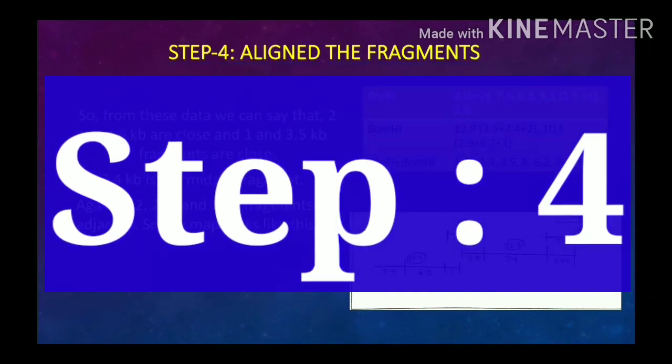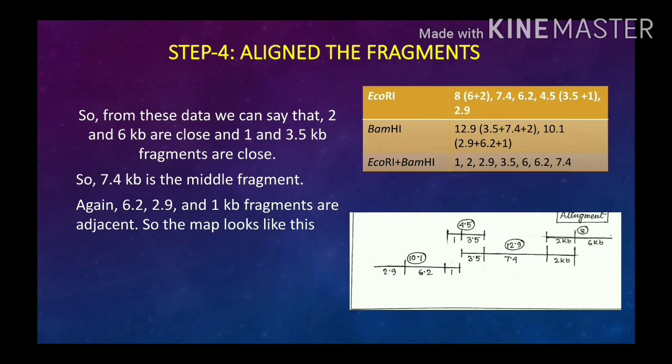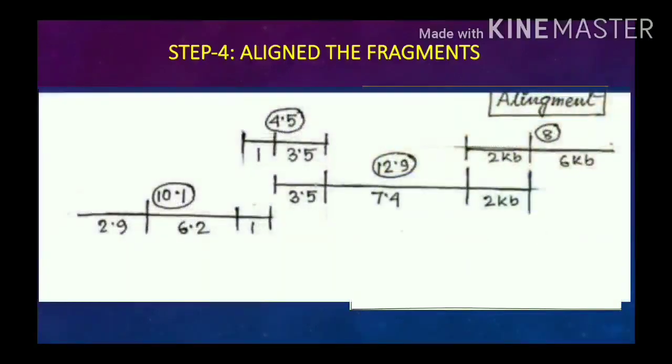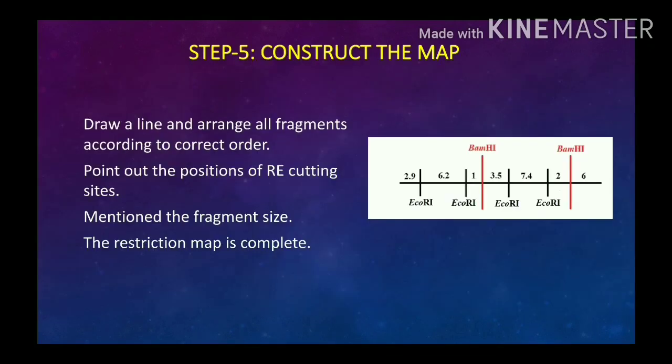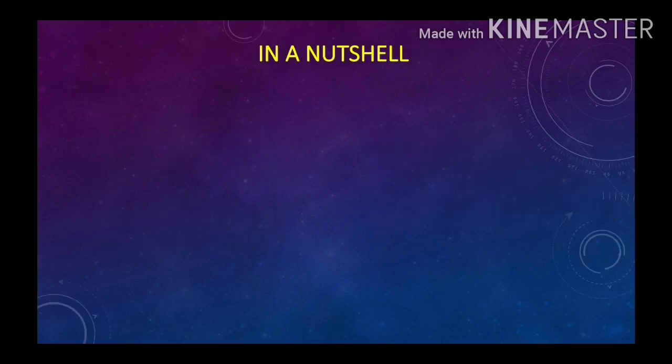In step number 4, you have to align all the fragments according to the correct order you have found in the previous slide, and after the alignment the map looks like this. And in the final step, draw a line and place all the fragments according to correct order. And finally, point out the cutting sites or the recognition sites for the two enzymes. Your map is complete.